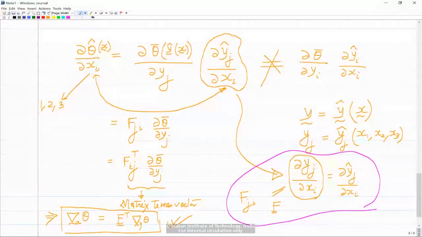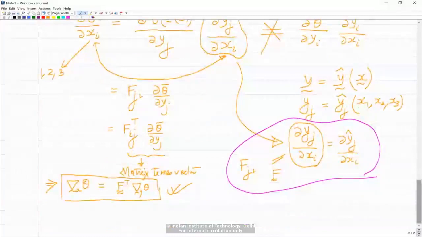If you know the three components of that deformation function, y1 hat, y2 hat, and y3 hat, if you know those three functions, you simply take the derivative. And you can then get Fji. Okay, we'll get to it more clearly later on. Yeah, y hat has to be known.